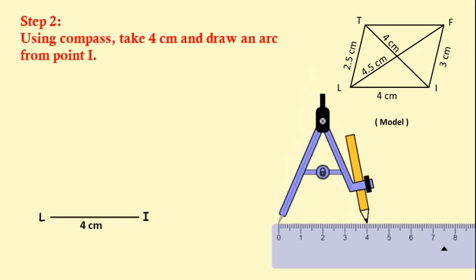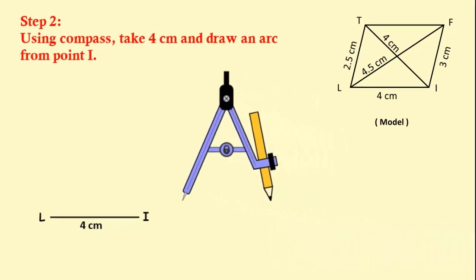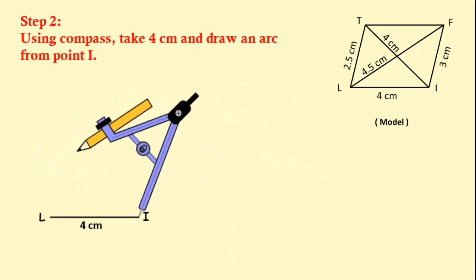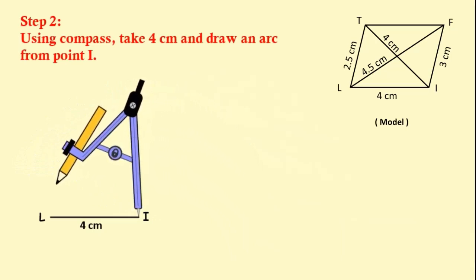So we place the compass tip at the 0 mark of the scale and the pencil tip at the mark 4, so that the distance between the compass tip and the pencil tip is 4 cm. We place the compass tip at I, and just above the L, we make an arc of radius 4 cm.